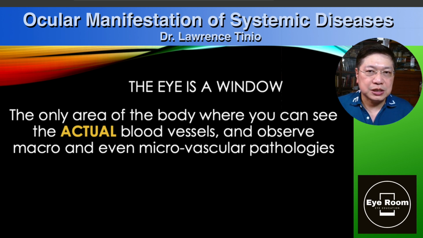If you think that you're seeing the blood vessels when you look at your arms, those are actually the different colors because the skin is still covering your blood vessels. You can't actually see the blood vessel, but through the eye, you can see the blood vessels in the retina, and from there you can judge the macro, even microvascular changes and see if it's becoming already pathologic.